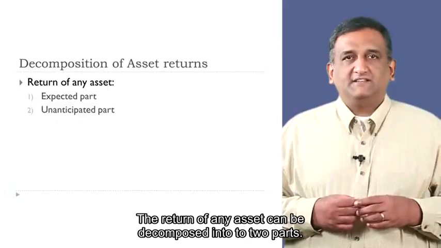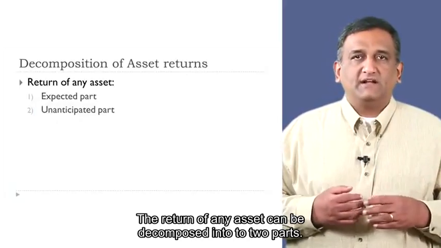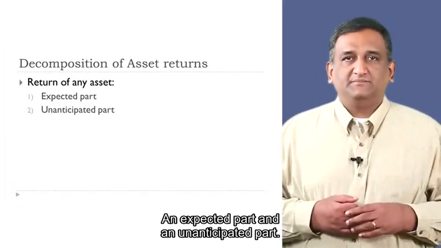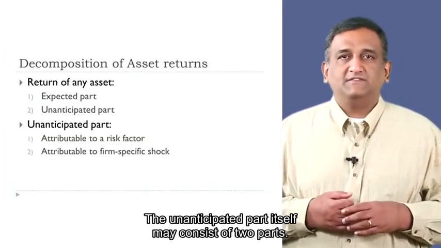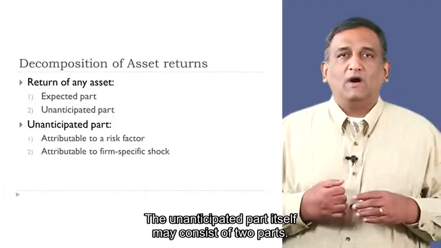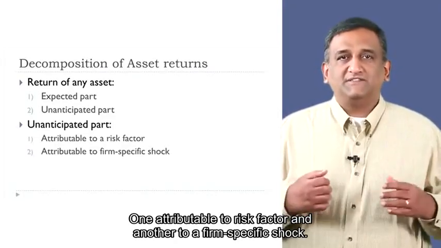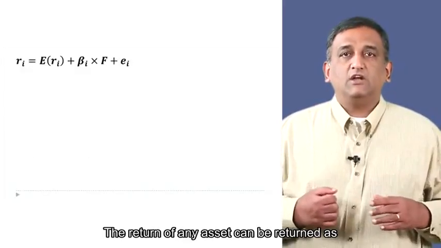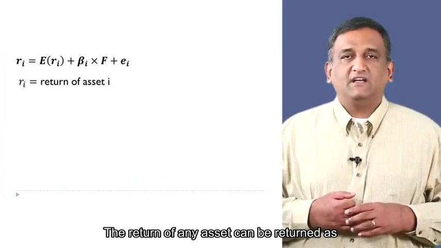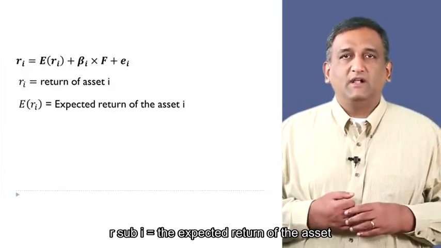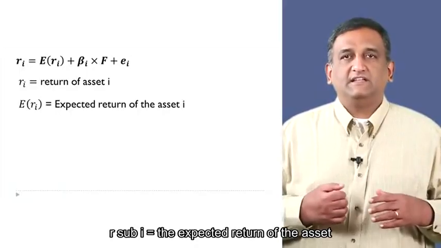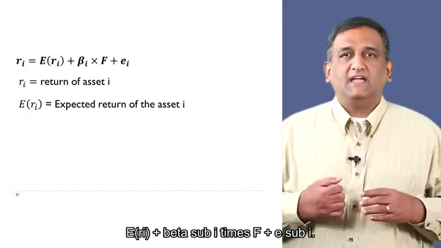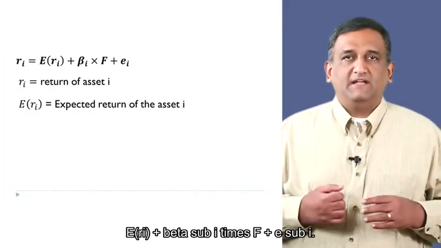The return of any asset can be decomposed into two parts, an expected part and an unanticipated part. The unanticipated part itself may consist of two parts, one attributable to a risk factor and another to a firm-specific shock. The return of any asset can be written as R_i equals the expected return of the asset, E[R_i], plus beta_i times F plus e_i.